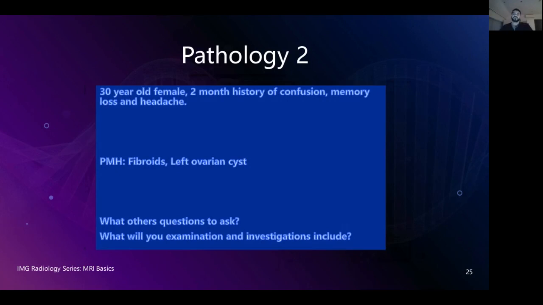Okay, so she's presented with a bit of confusion, memory loss, headaches. What are the other causes? What could also cause these symptoms if we're not thinking about anything related to the brain, for example?